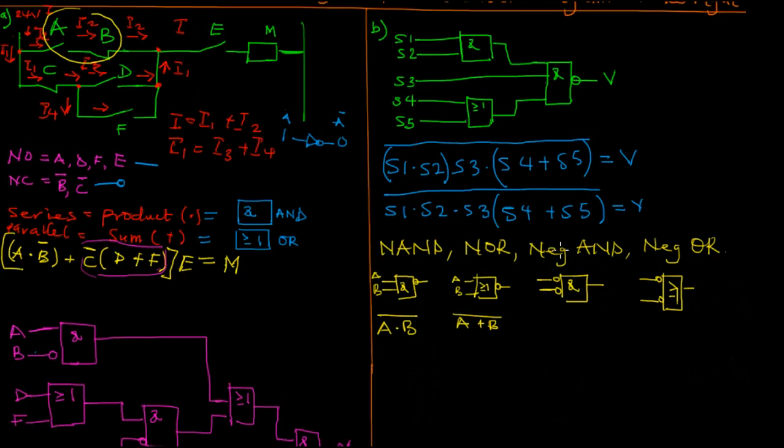And then a negative AND will look like this: the inputs have their own bars, and then dot, let's assume we have A and B here as well. Same applies here. So this is a negative AND, and a negative OR will be A bar plus B bar.